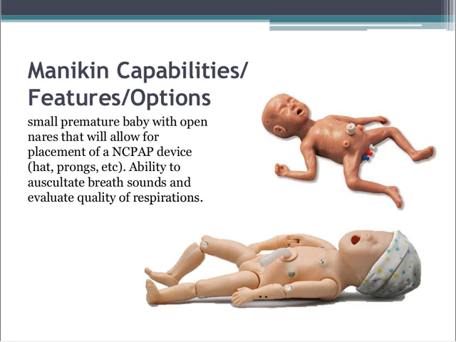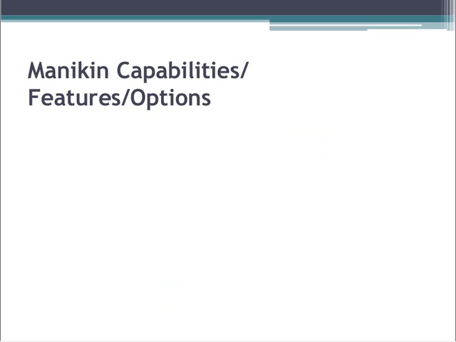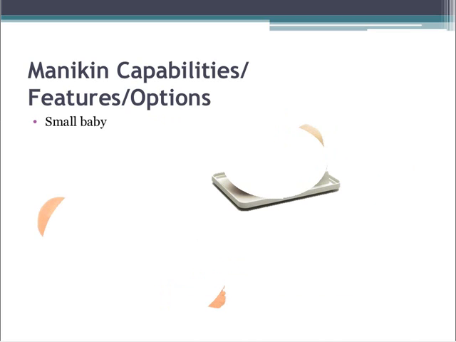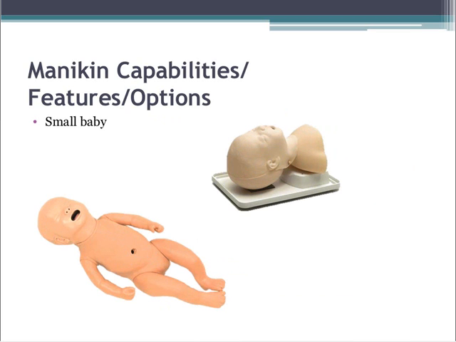So for people who don't have anything like this in your sort of arsenal, I have also offered some suggestions. If you don't have one of these models, if you look at what you really need, you need a small baby so that you can place the nasal CPAP on. So you may have an intubation head, or you may have a BLS mannequin, or this is one of the older model NRP babies that we have here.